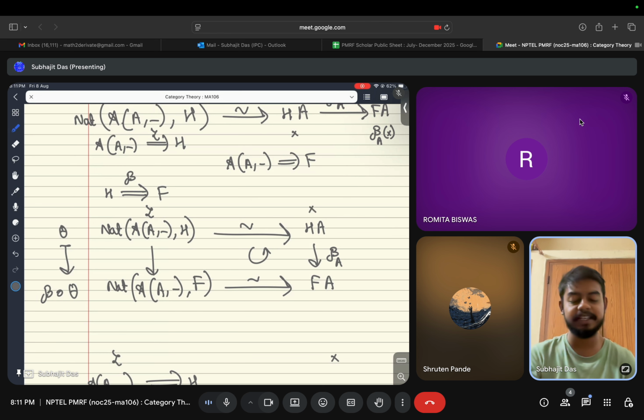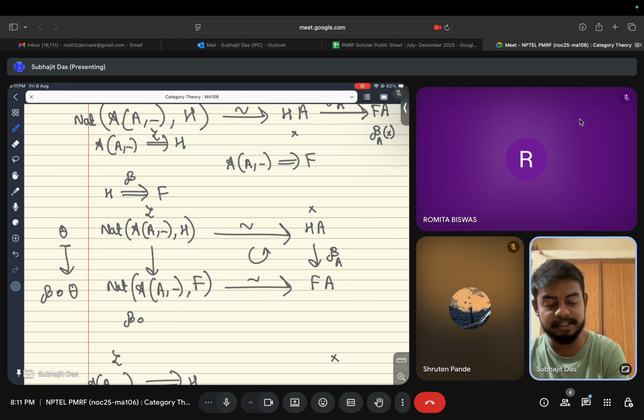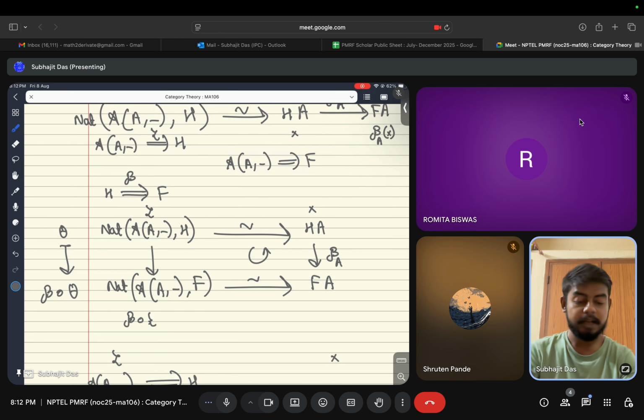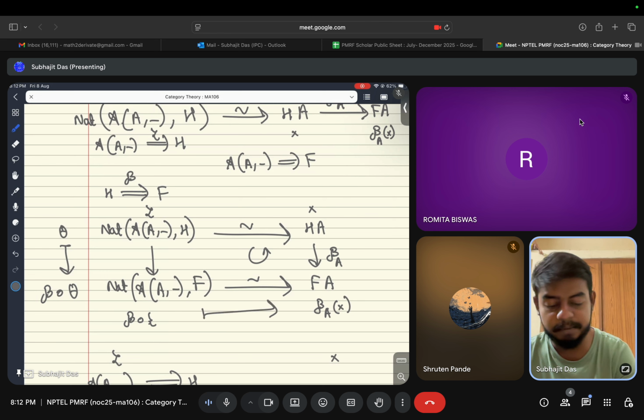element little x in HA. Go downwards first. So you arrive at beta composed with zeta, and go downwards along the right hand side. So you have beta A x. So beta composed with zeta should correspond to beta A x. That is what the commutativity of the square exactly says, right?